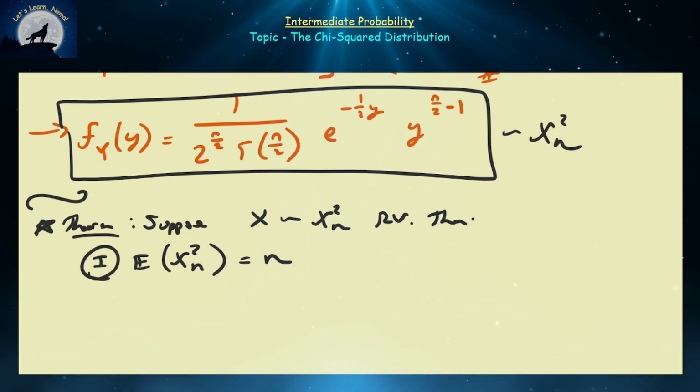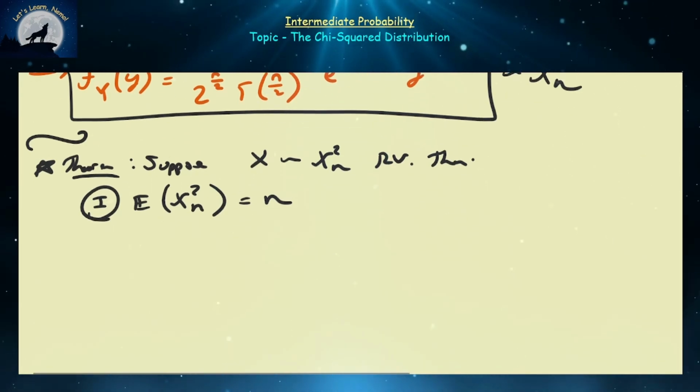So you can either integrate the PDF times x from 0 to infinity, or you can take the moment generating function, differentiate it once, plug in 0 in order to get n. It's a very simple number, so please try this on your own, especially if that is one of the expectations. And another thing that you need to find is possibly going to be the variance of this random variable.